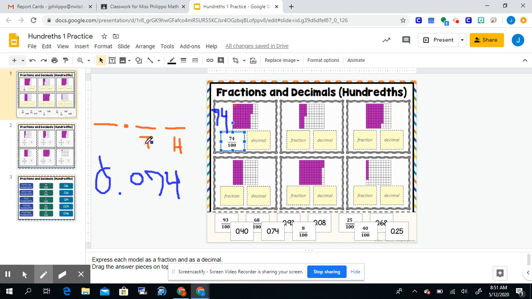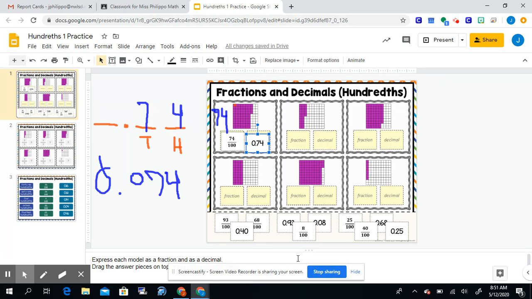So when I'm writing this decimal, I have 7 here in the tenths, and I got 4 extra little hundredths, 4 extra little pennies, you could say, okay? So the decimal technically is 0.74.